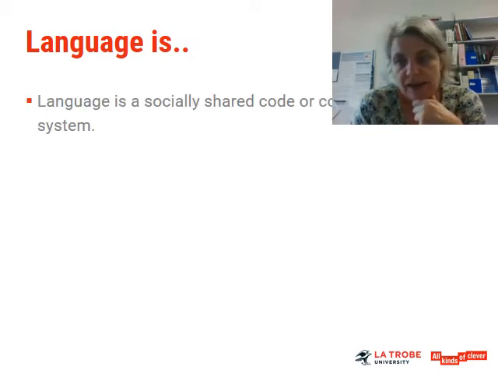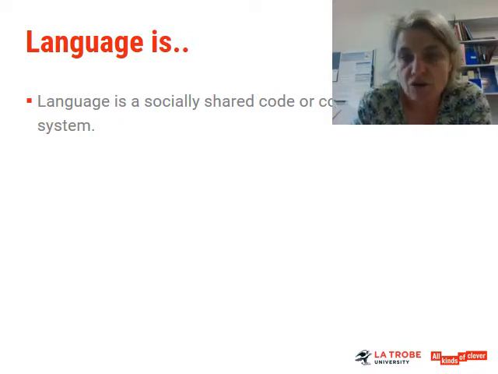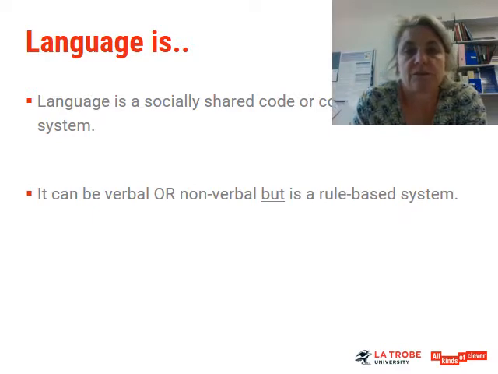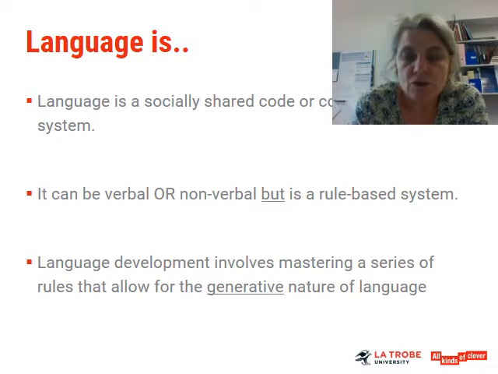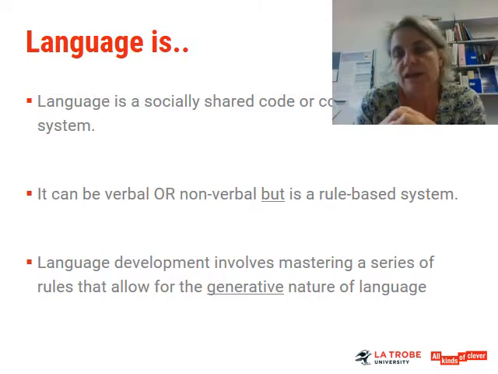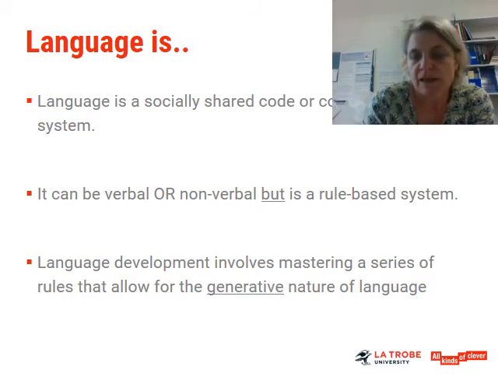The key about language, what makes something a language, is that it's a socially shared code. It can be verbal or non-verbal, but it must be rule-based. And once you've learned those rules, you can create an infinite number of different messages because you know the rules.